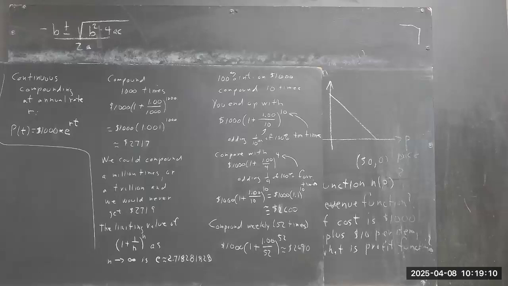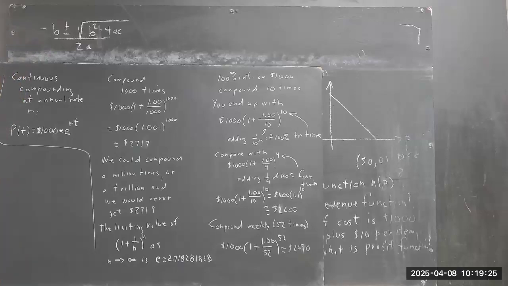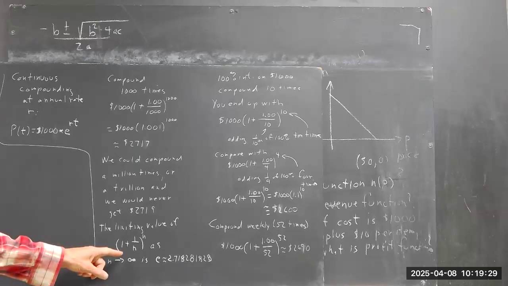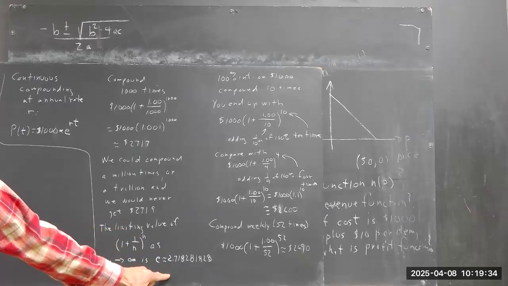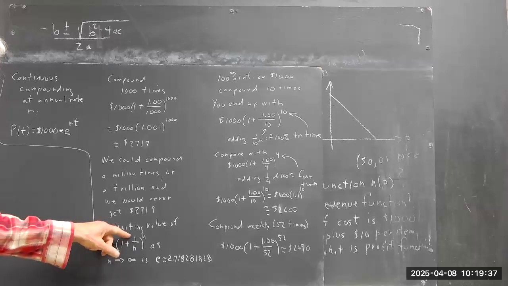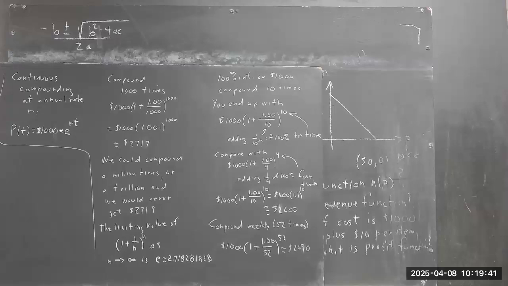So that's the key. Now there's a connection from here to here. Why is it 1,000 times e to the RT? Well, that involves a little bit of algebra that I'll probably talk about a little bit later. If we accept that the limit of 1 plus 1 over n to the n is e, then if we do a change of variable and replace this n by something else, we get e to the RT.